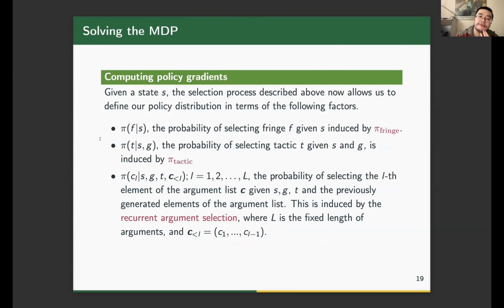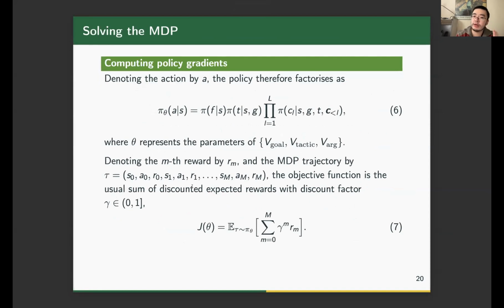So now we have a bunch of probabilities: the probability of selecting fringe f given state S, the probability of choosing tactic T given our state and our goal, and the probability of choosing the ith argument given the state, goal, tactic, and the previously chosen arguments. Then we can apply the algorithm called policy gradient to optimize our policy.